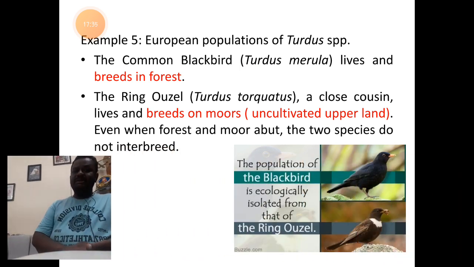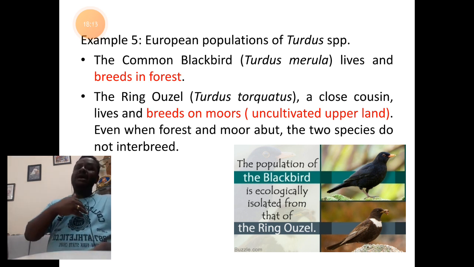The next example is Turdus species. We commonly call it blackbird. Turdus merula lives and breeds in the forest area, whereas ring ouzel, Turdus torquatus, which is a related species, lives and breeds in moors.